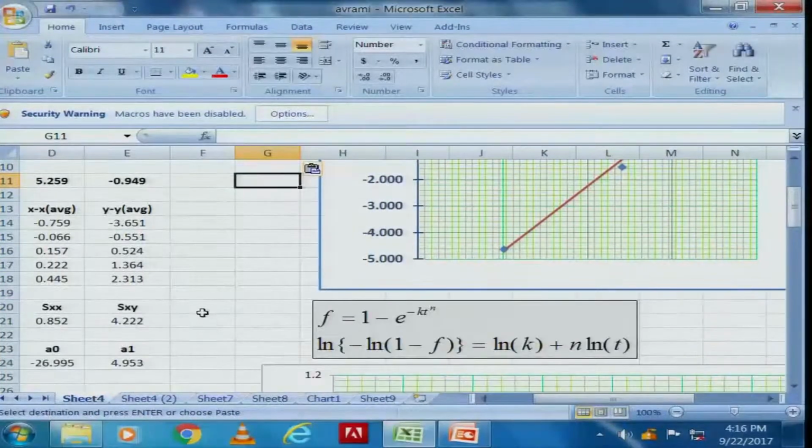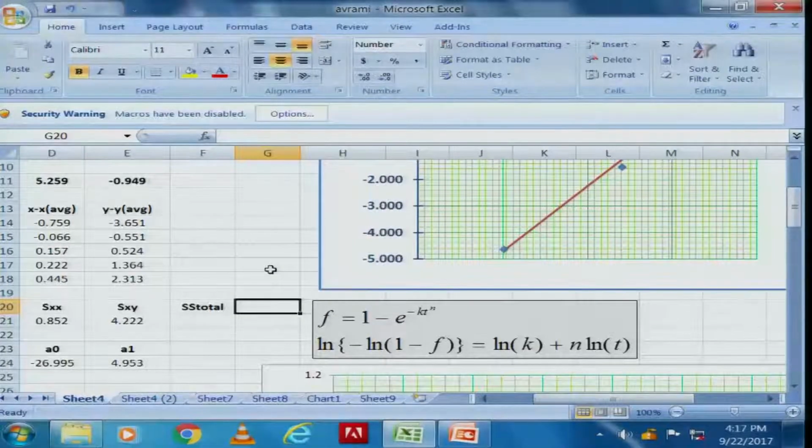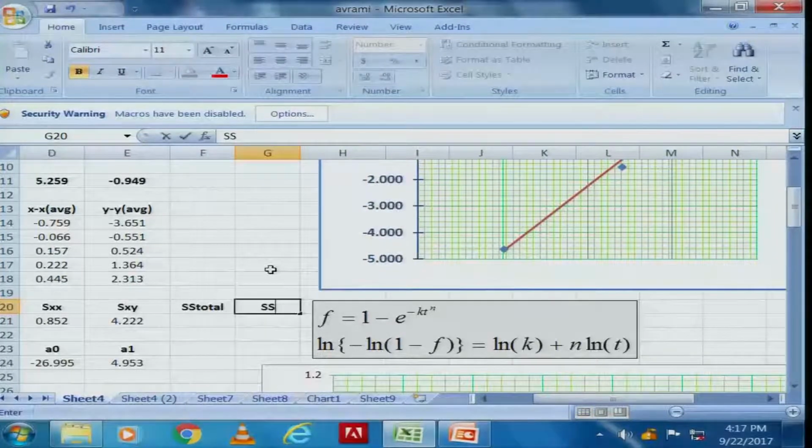Next, let me put down SS total in this column, and SS residual in this column.